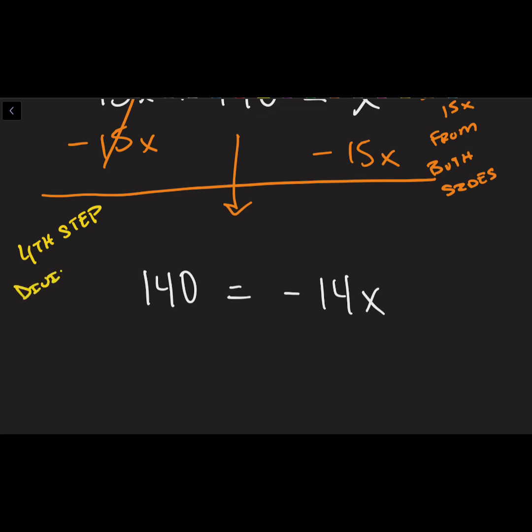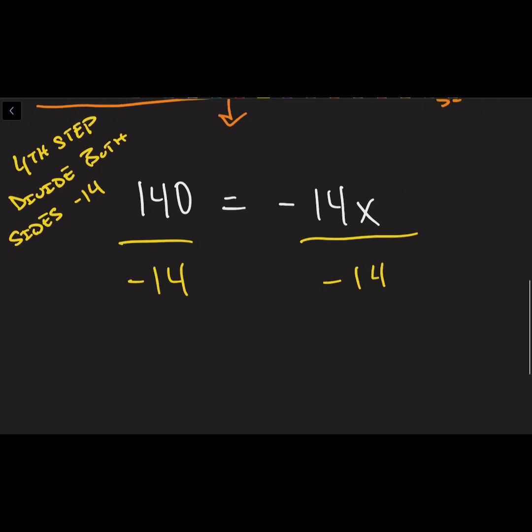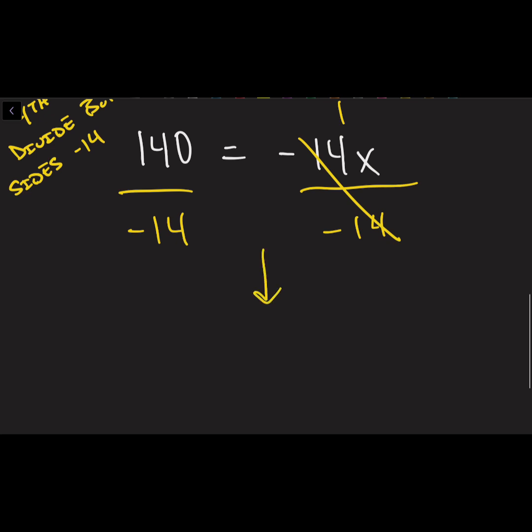We about to divide both sides by negative 14 so we can see what our x is going to equal. Divide this by negative 14, divide this by negative 14. That's going to cancel, give us just a 1x, so we're going to have x equals 140 divided by negative 14.